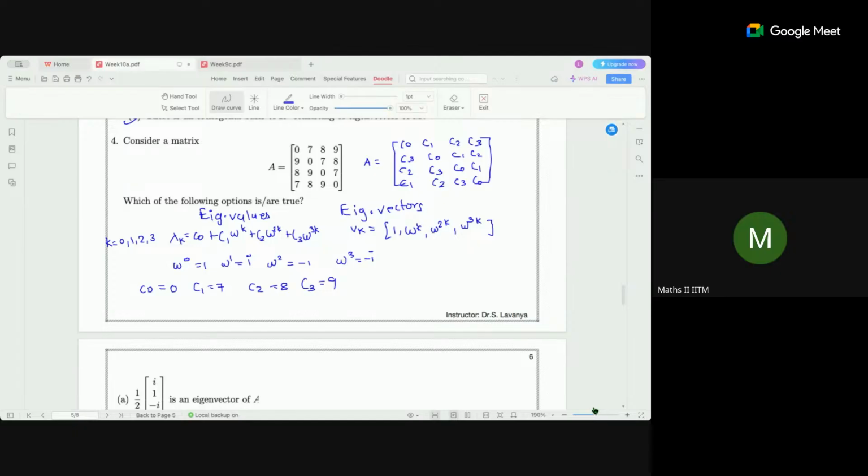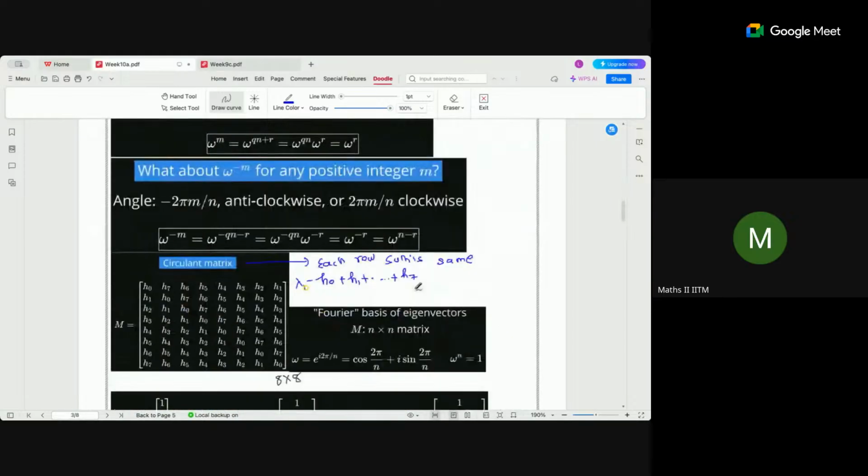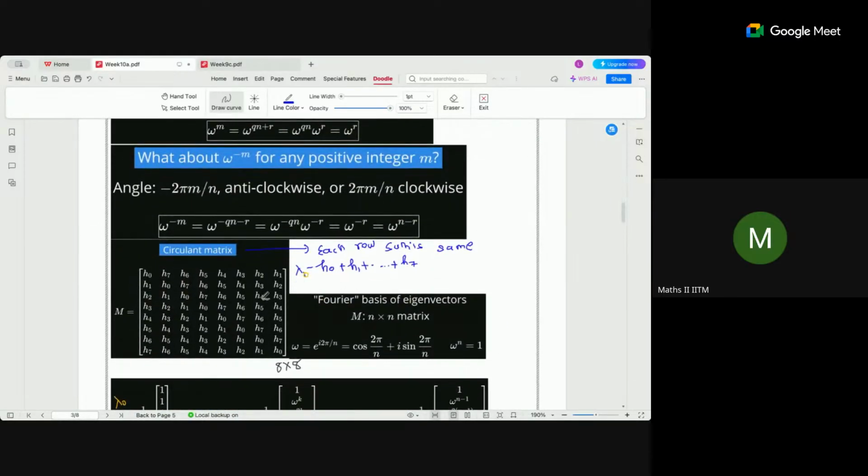What is the first eigenvalue, lambda 0? Without even calculating using this formula, can you tell me what it is? Do you remember? I have already given you the hint in the beginning itself. The first eigenvalue is nothing but the row sum, right?